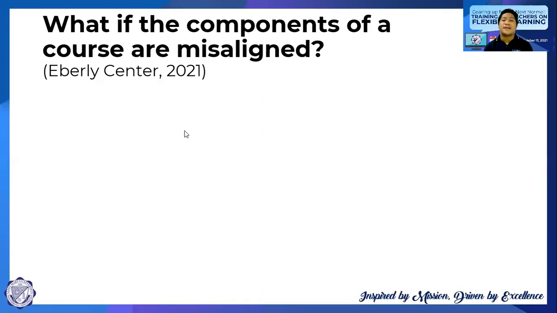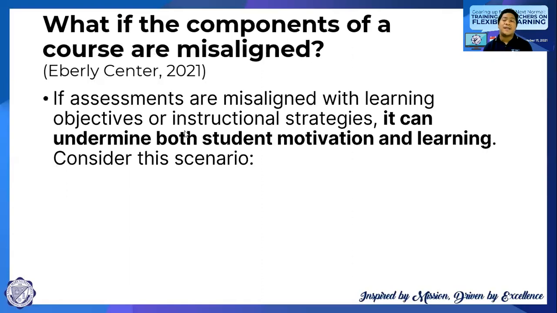According to Eberly Center in 2021, if assessments are misaligned with learning objectives or instructional strategies, it can undermine both student motivation and learning. It can actually influence negatively how students are motivated, how engaged they will be, and how they can discipline themselves with the different courses that they are facing, especially in a flexible learning modality.